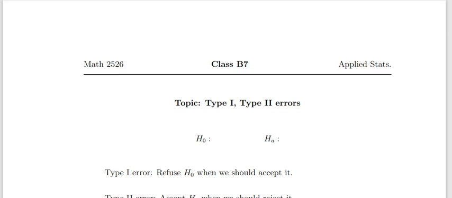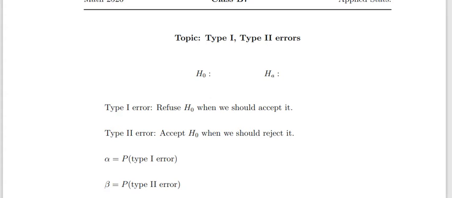In making our decision, setting up the two arguments, H0 or HA, we may make two kinds of mistake.